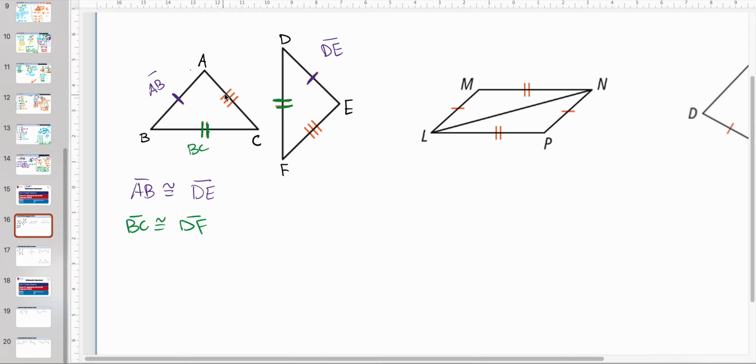And lastly, we have three marks here and three marks here, so the side AC is congruent to FE.